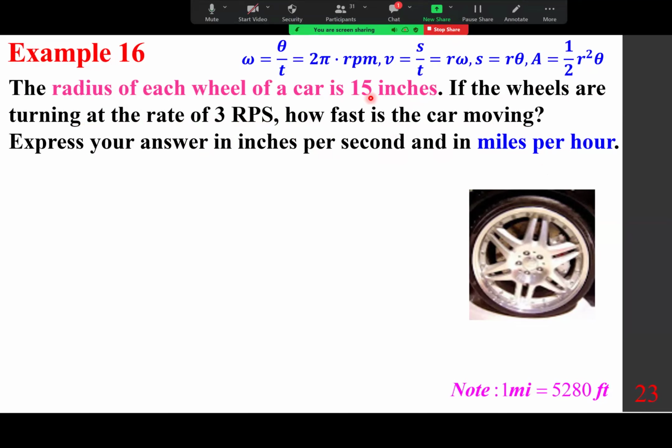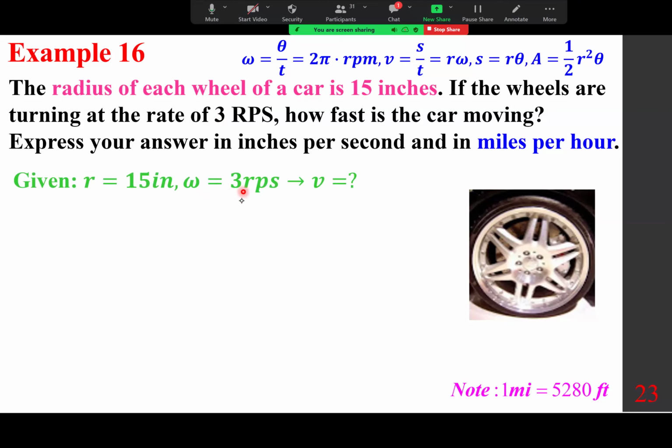So again, you read the question. What is given? R is 15 inches. Omega is 3 RPS. V is missing. It's important to translate the question, class. So omega is 2 pi times RPS.